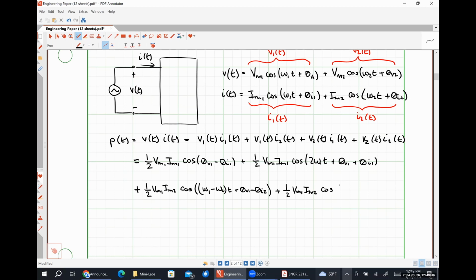So cosine of omega 1 plus omega 2 t plus theta V1 plus theta I2.